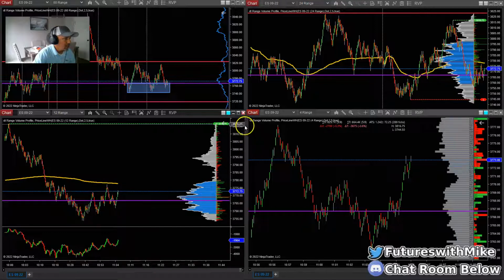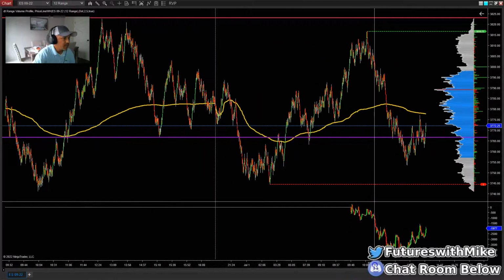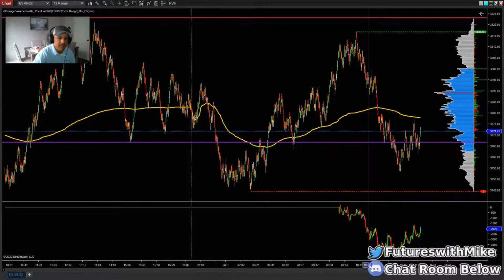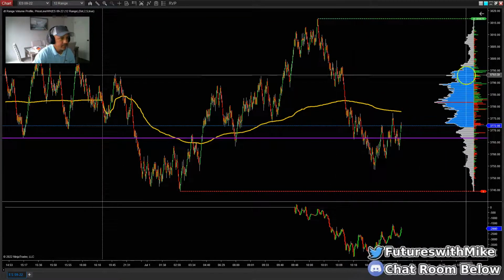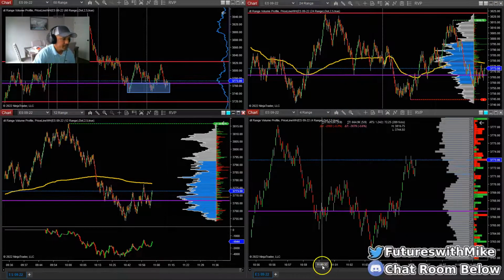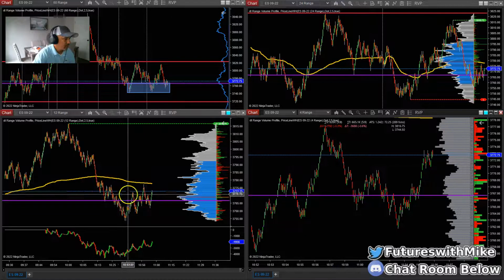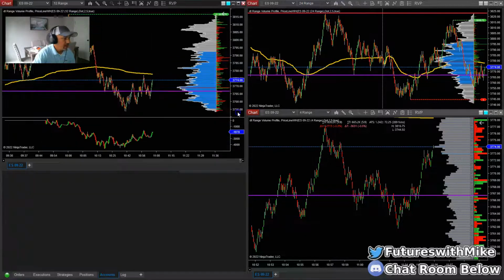Okay. Overall, though, the market's moving sideways. It's ranging, so there's short and long opportunities. Price is rejecting this area off this 12 range.